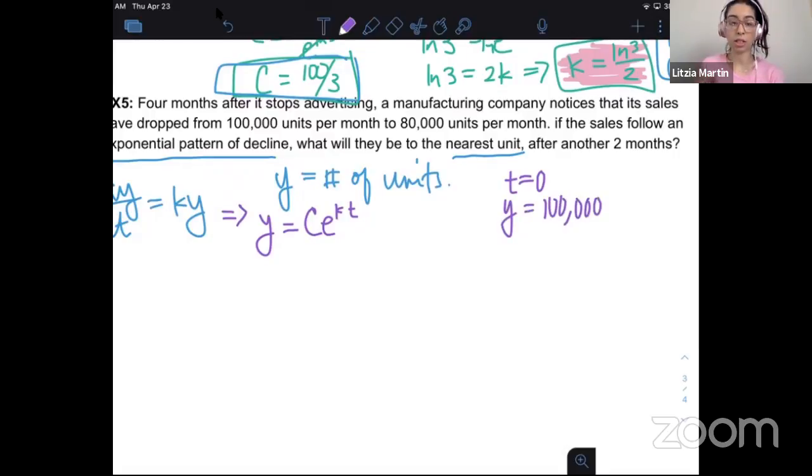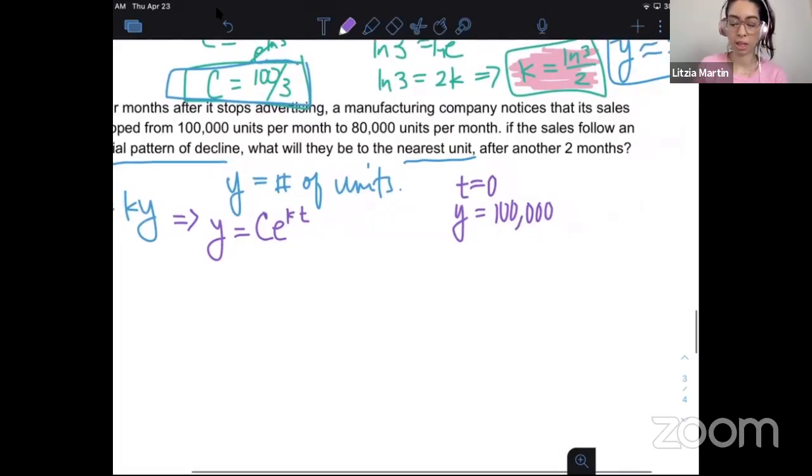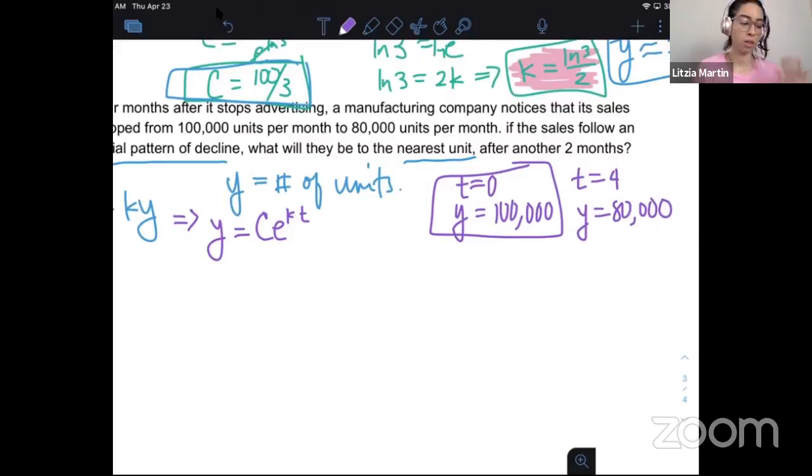So they're actually telling us the initial value, and then also 4 months later, we are at 80,000. So now we can take this initial value. We know now C is equal to 100,000. We can show the work to prove it.